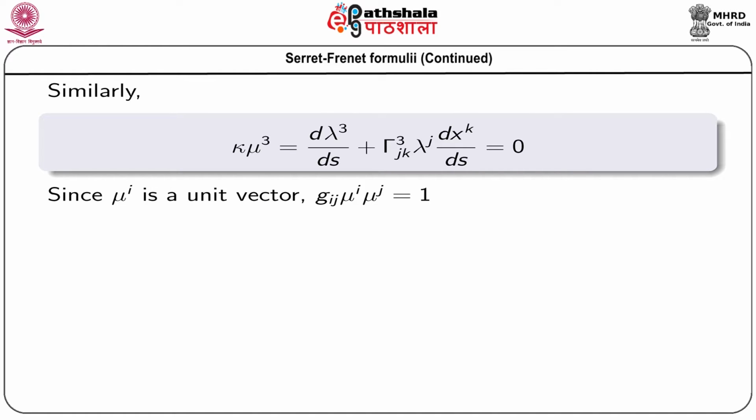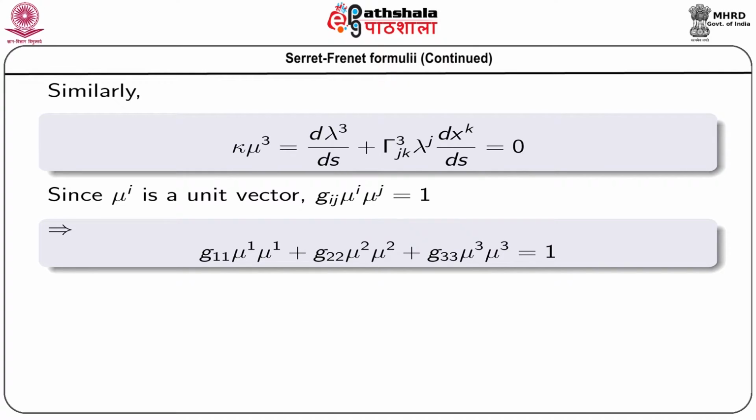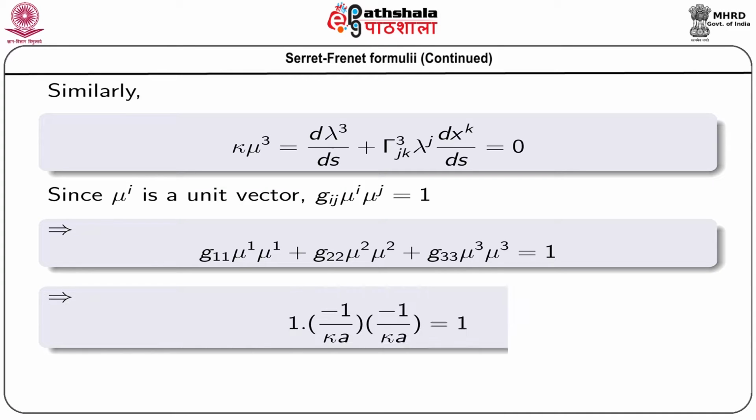Since mu^i is a unit vector, as it is the principal normal vector, g_ij mu^i mu^j = 1. So, from this expression we get g_11 mu^1 mu^1 + g_22 mu^2 mu^2 + g_33 mu^3 mu^3 = 1. Now, putting the values, we get 1 into (-1/(kappa a)) into (-1/(kappa a)) = 1.